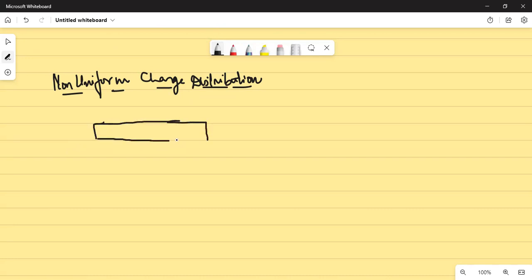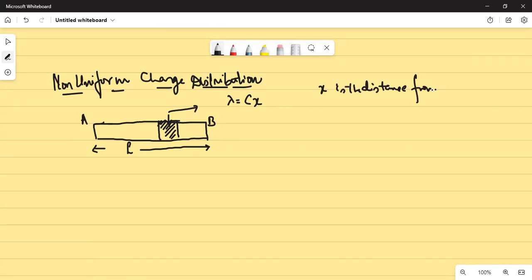So let's say this is your rod of length L, and this is a and this is b. Now if I take instead of a uniform distribution, a non-uniform distribution such that my charge distribution is c into x, where x is the distance from end a. Okay, so that it simplifies your thing. And this is the rod length L.